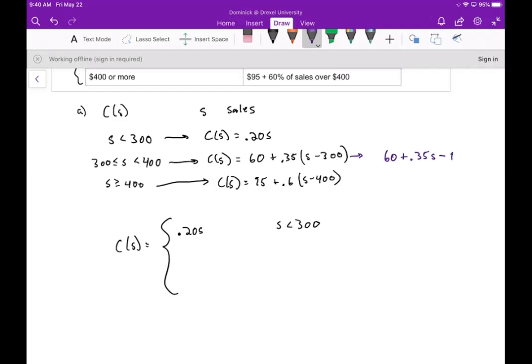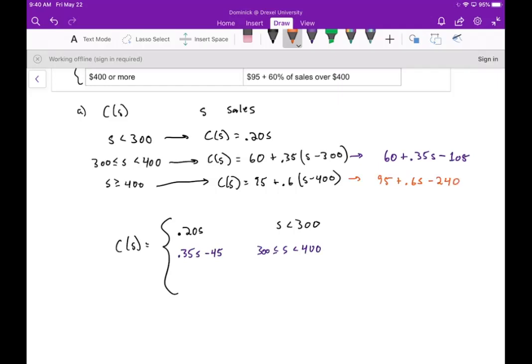So this is minus 105. If we combine like terms, we get 0.35 S minus 45. And that's if S is between 300 and 400. Then for this one, we get 95 plus 0.6 S, and then a minus 240.